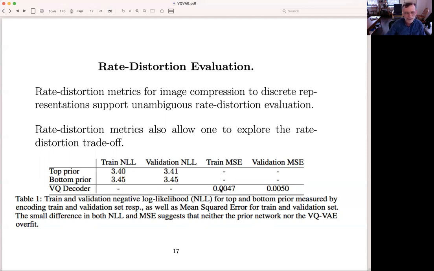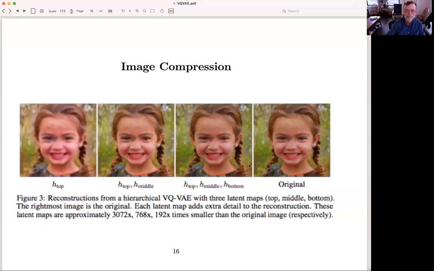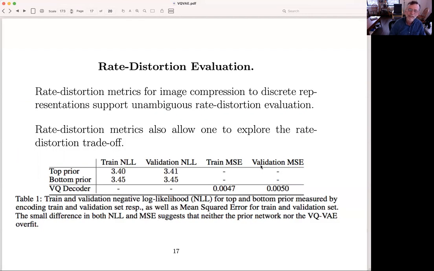Something to note here is that in their experiments, the reconstruction error is really negligible. That sort of corresponds to these images being essentially identical. So they've built this system such that if you encode and decode, it's essentially a lossless compression algorithm.